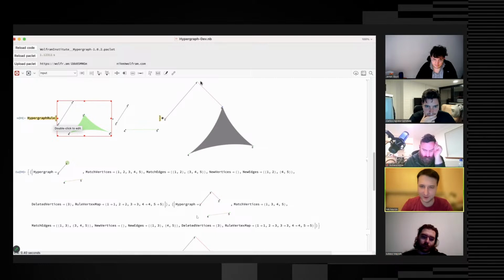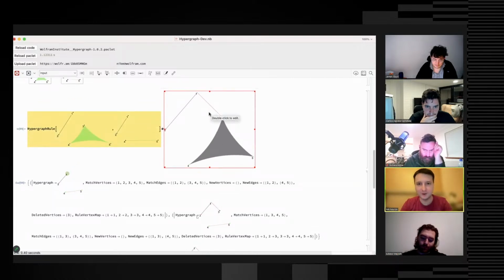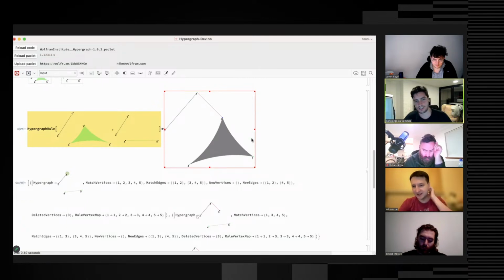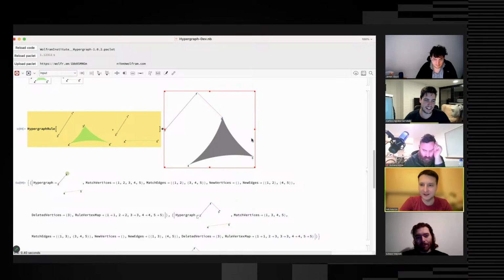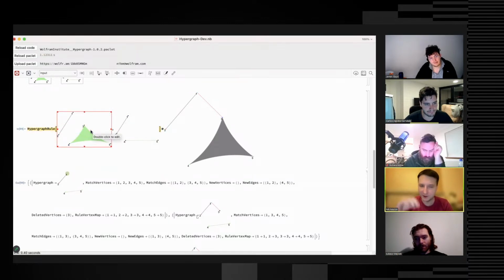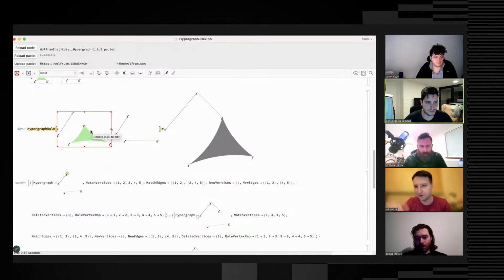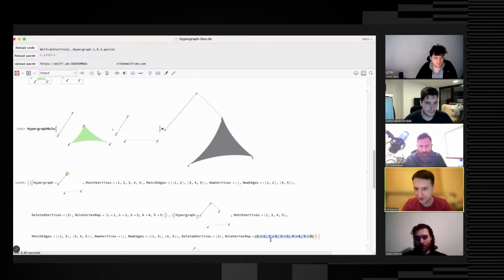I could have renamed these vertices to A, B, C, D. Oh, I see. So it's a coincidence that they are the same names. Makes sense. So you treat those vertices on the left-hand side of the rule as patterns. They should be bound to some vertices on your input hypergraph, and this is the binding map, essentially.